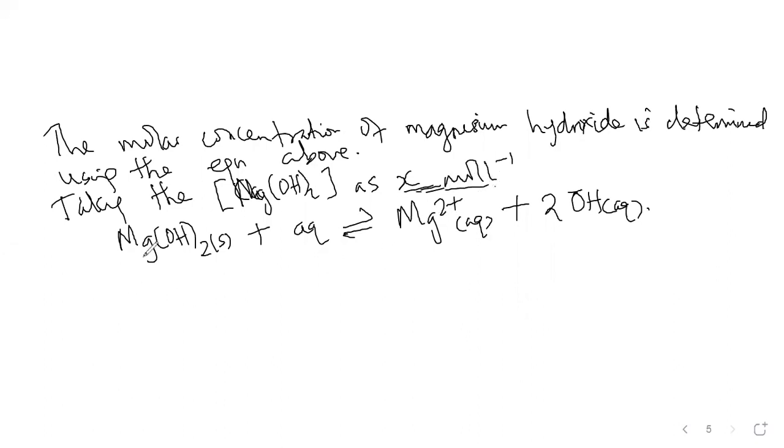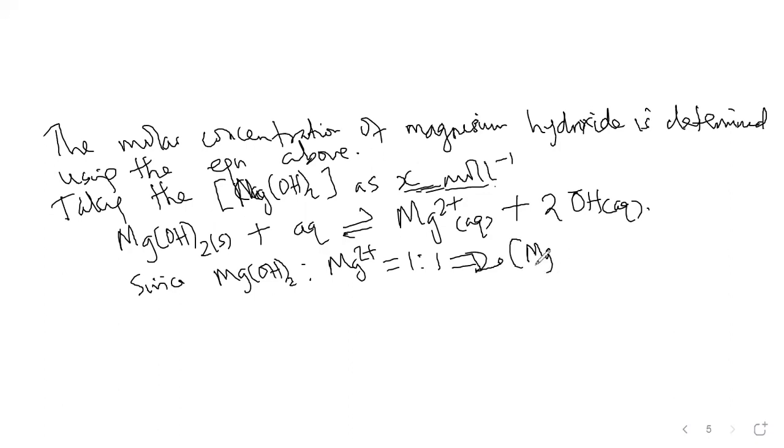So since molar ratio of magnesium hydroxide to magnesium ions is 1:1, this implies that the molar concentration of magnesium hydroxide is equal to the molar concentration of the magnesium ions and is equal to x moles per liter. Are we together?